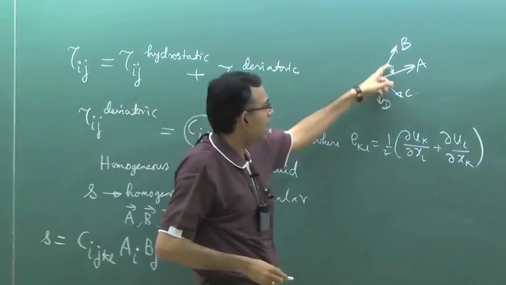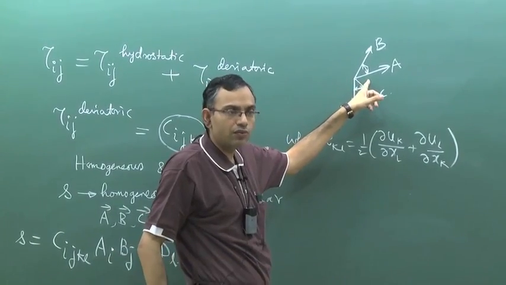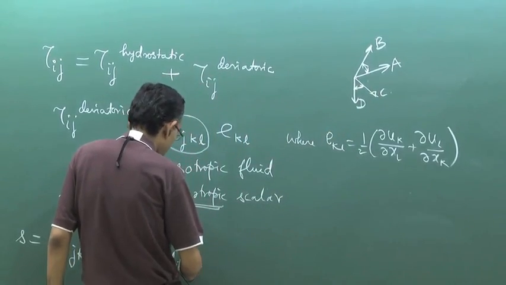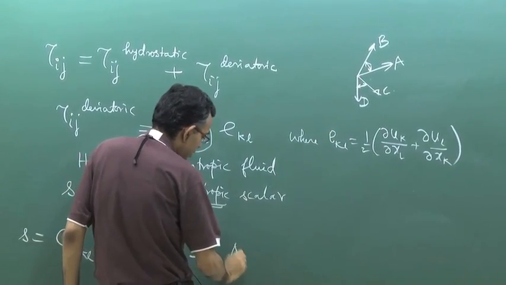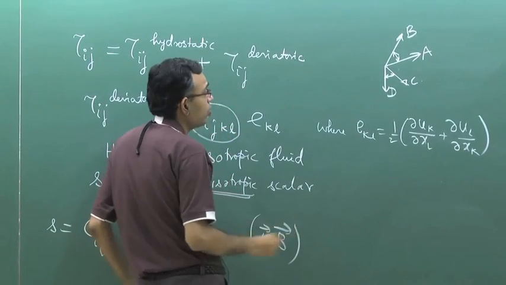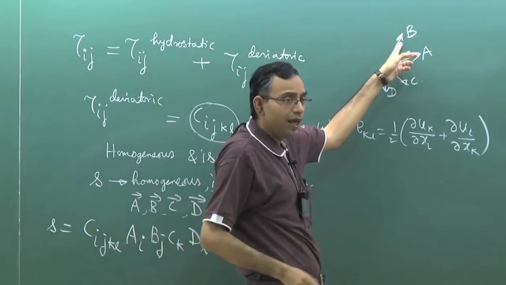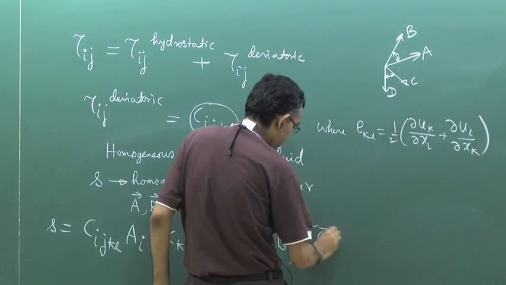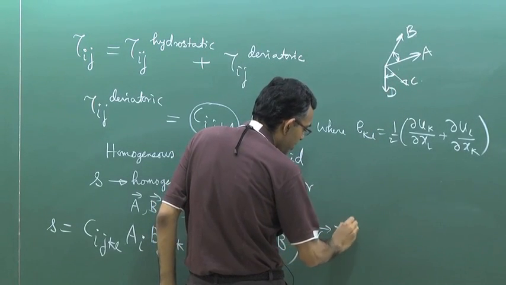The angle between A and B is given by the dot product of A and B. So you can write this as a combination of pairings: if you pair A with B, then you will pair C with D. How many such combinations are possible?